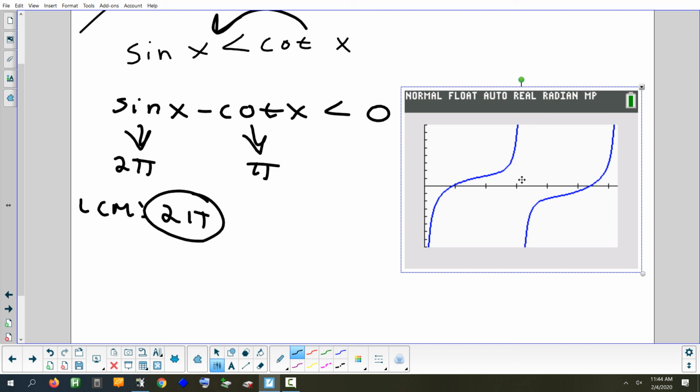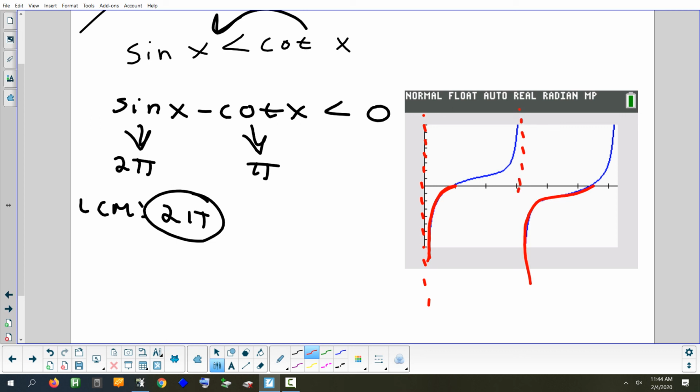Yeah. 2. This section right here, which is bounded by a vertical asymptote, and this section right here, which is also bounded by a vertical asymptote. But what we have to find is this and that. So we have to find those 2 points just like we had to do before.